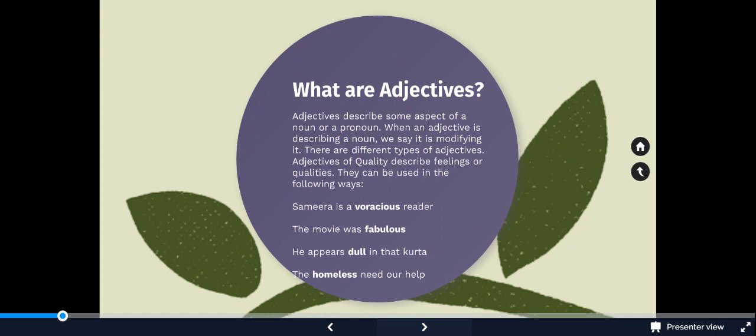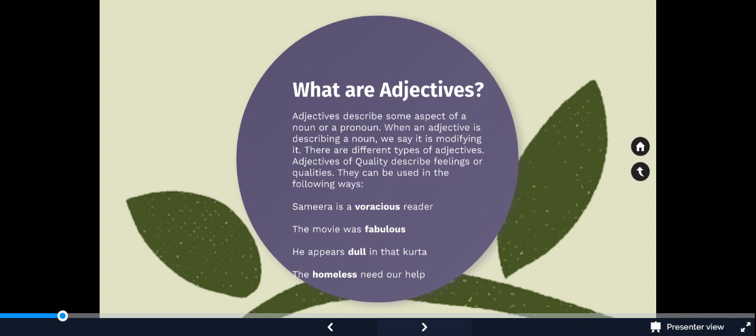What are adjectives of quality? Those are adjectives which describe feelings or qualities. It can be nationality, origin, or the characteristics of the noun, the age of the noun, size of the noun, and so on.